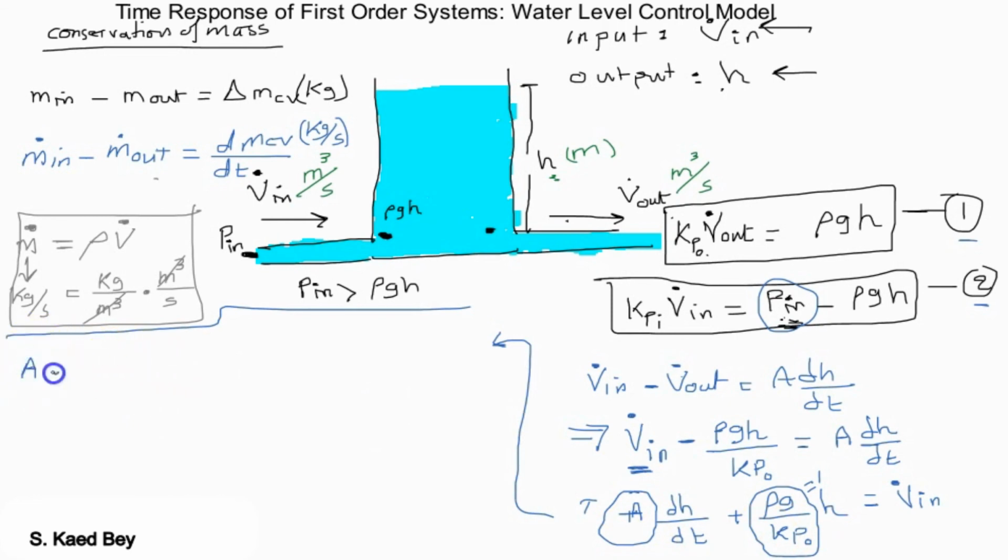the area multiplied by the constant Kp divided by rho g.